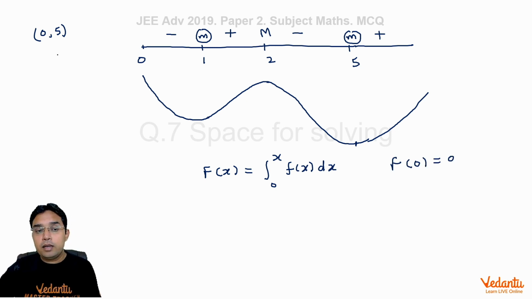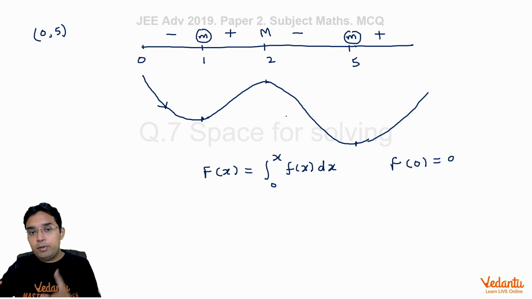But we are looking at the open interval 0 to 5. Now one very interesting and important thing here is that while going from 0 to 1, the function is going down. So if at 0 it is 0, it will have value lesser than 0 from 0 to 1. After 1, it will start increasing. Okay, and it will have maximum value at 2.